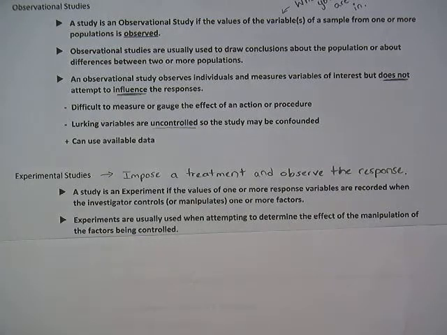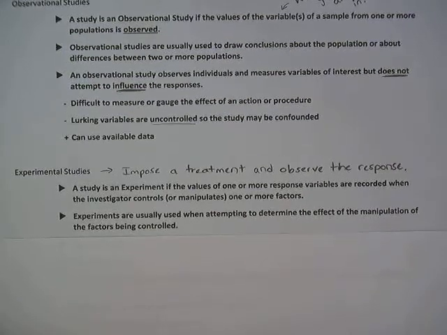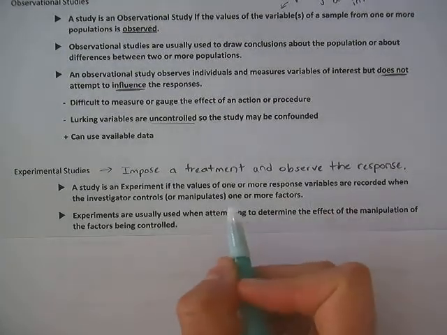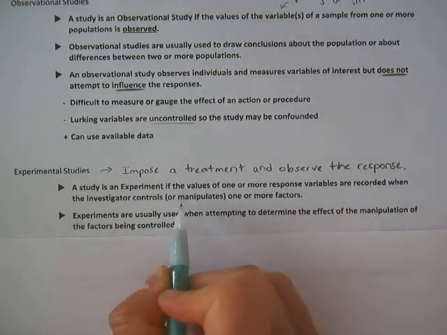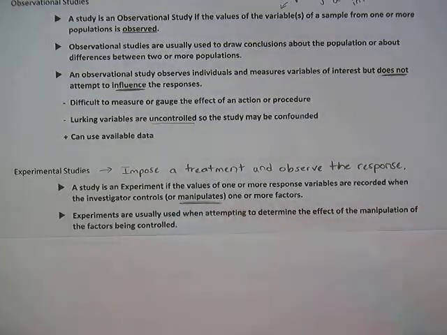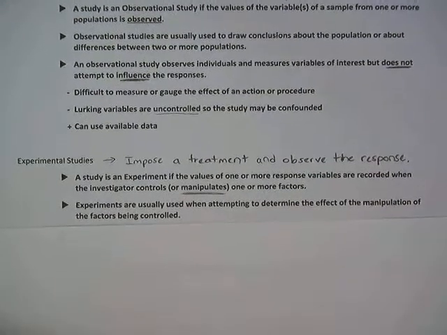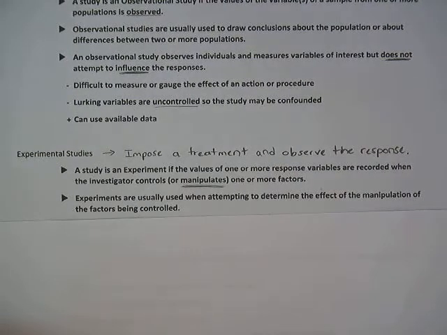Then that's probably a good sign. But if it doesn't, then we've got to kind of reevaluate. All right. So you're looking at the response after you have manipulated something. You're actually doing something. Okay. So that's the big difference between an experiment and an observational study. In an experiment, you're actually doing something.